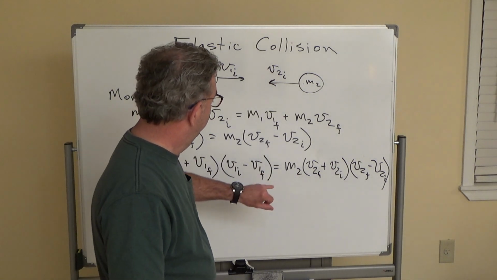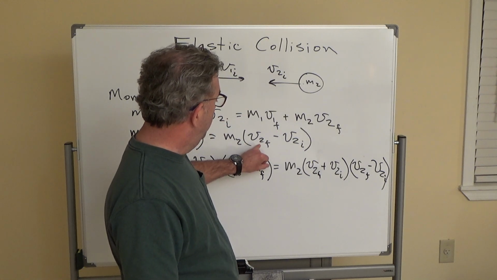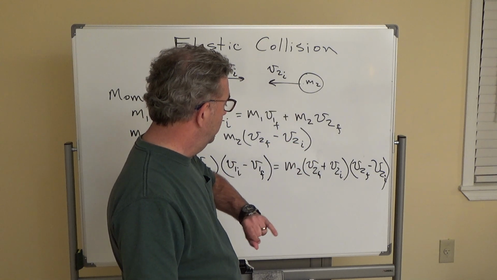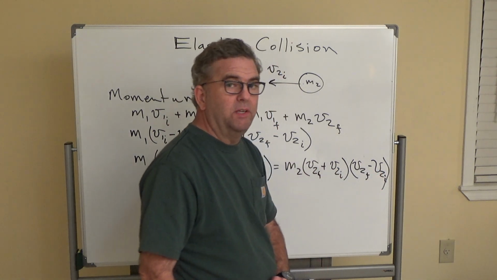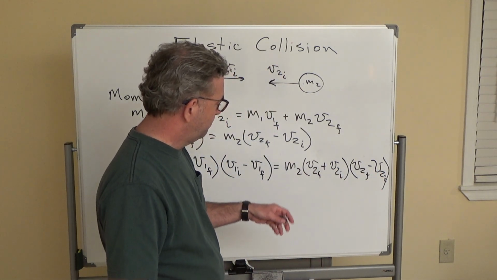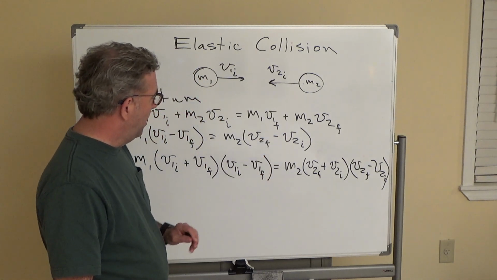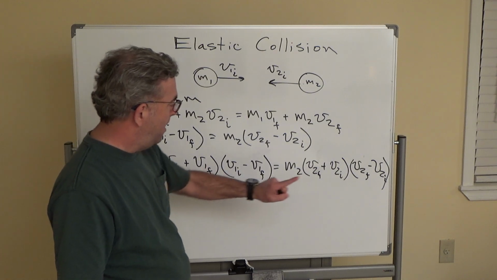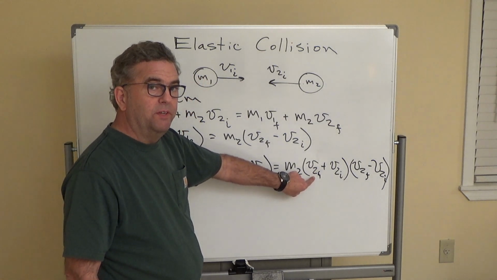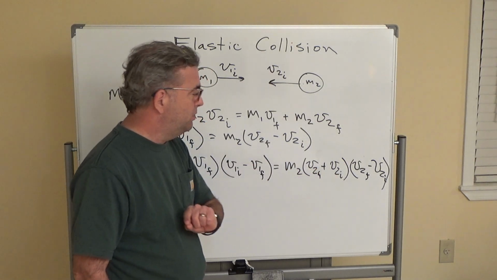This side, M2 times V2 final minus V2 initial. This implies that V1 initial plus V1 final must equal V2 final plus V2 initial.